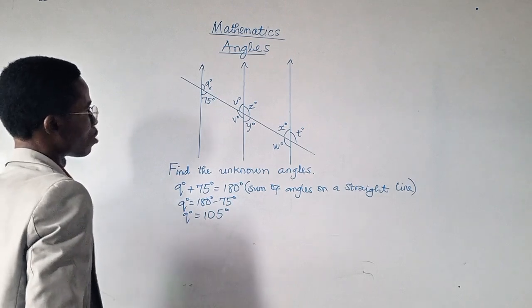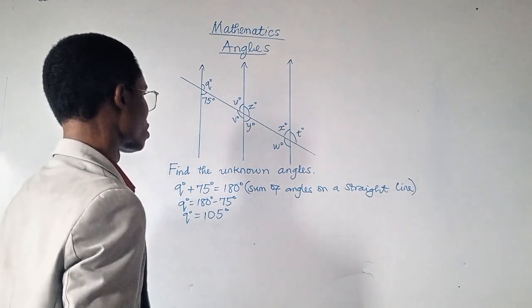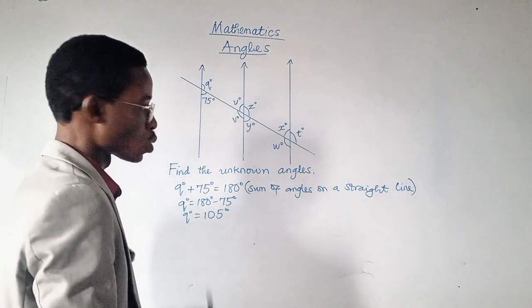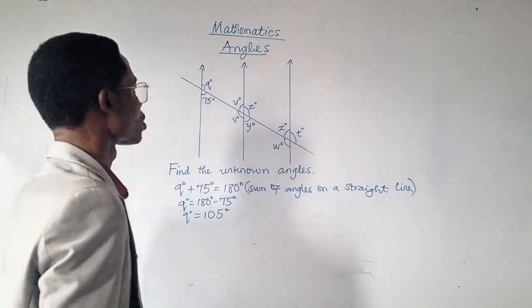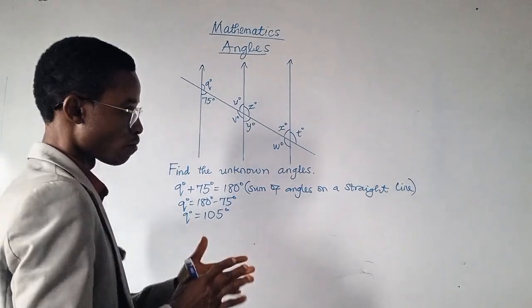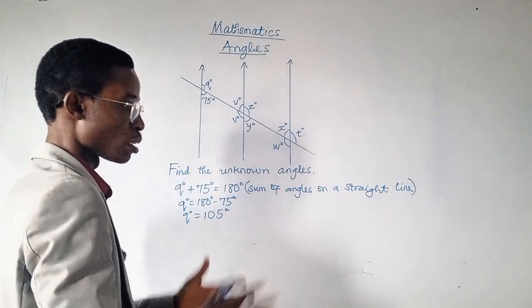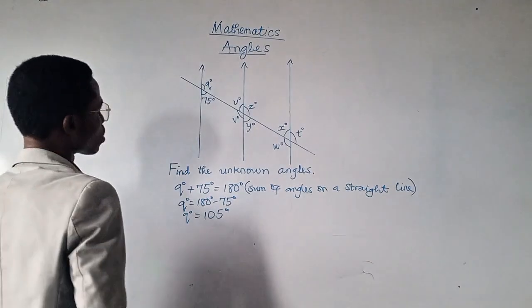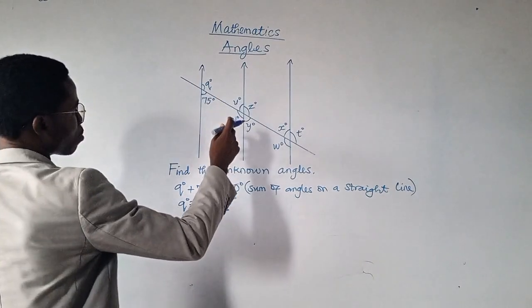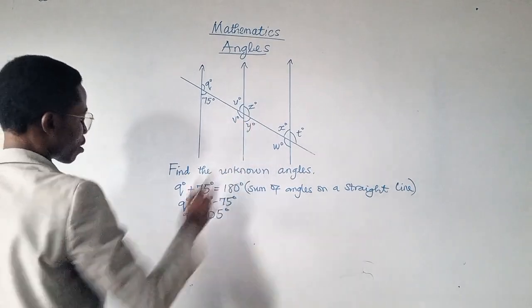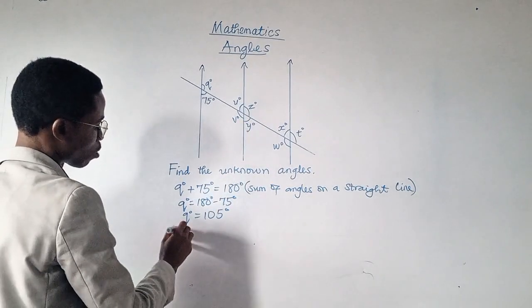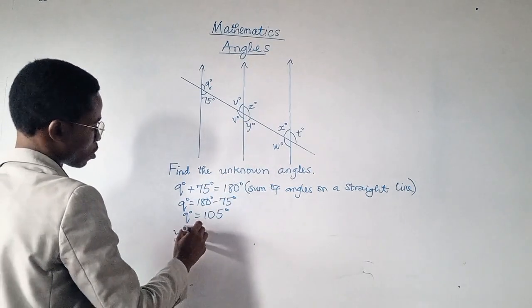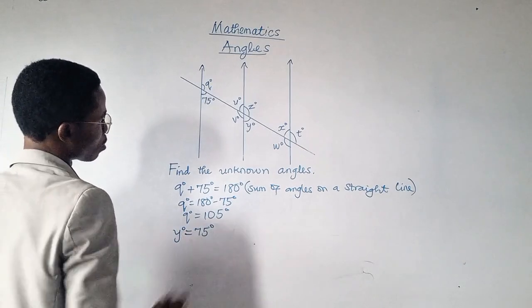So after solving Q, we can now go ahead to solve everything without any calculation, just using the knowledge of corresponding, vertically opposite, and alternate angles. So let's solve Y. So we can say Y equals 75 degrees.